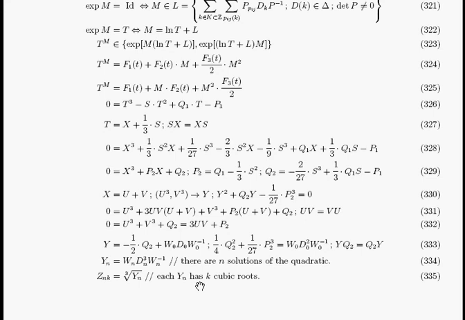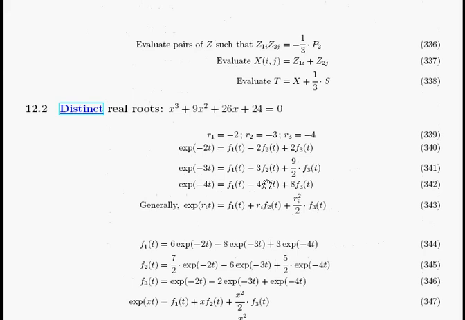Each Yn has cubic roots, Z and k, with the same Jordan diagonalization. Now you evaluate pairs of Z such that Z1i times Z1j is equal to minus 1/3 of P2.